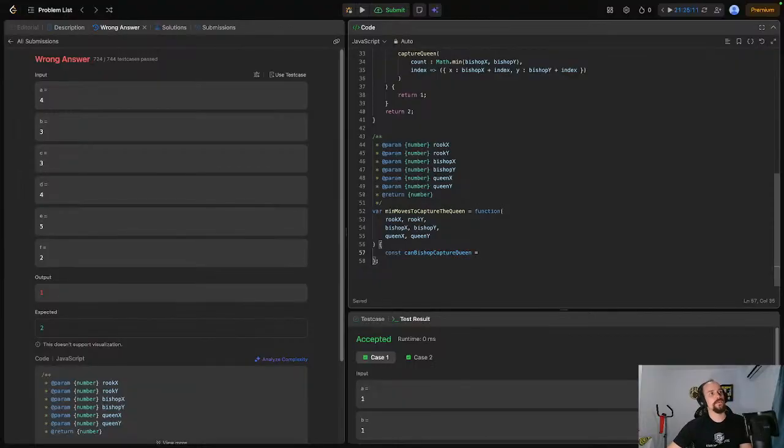The bishop would capture the queen if the queen x minus bishop x equals queen y minus bishop y. So let's think about that.